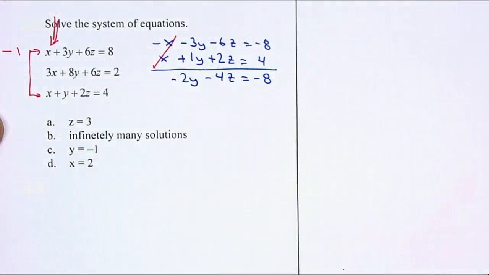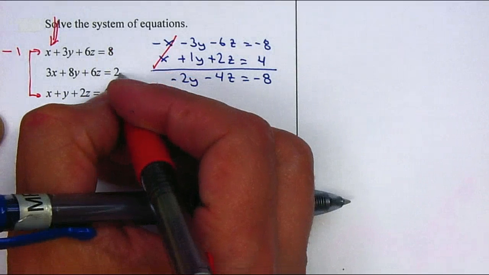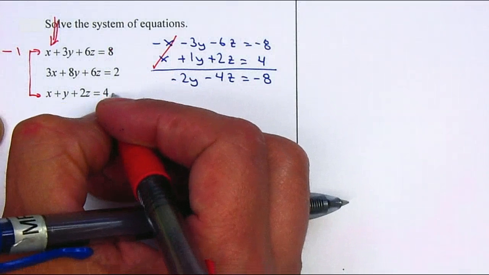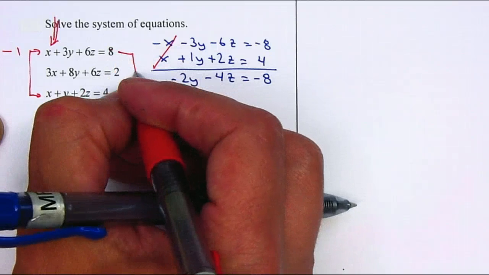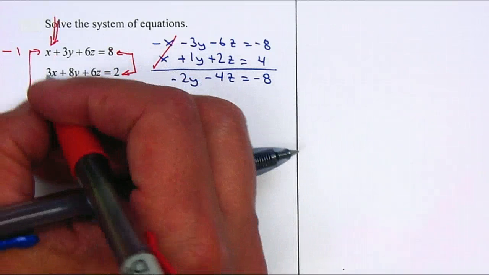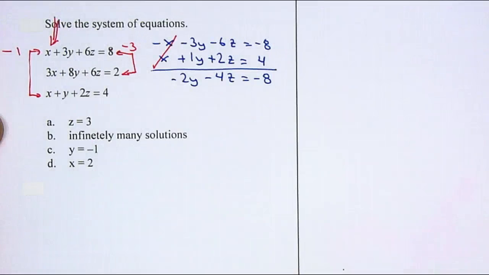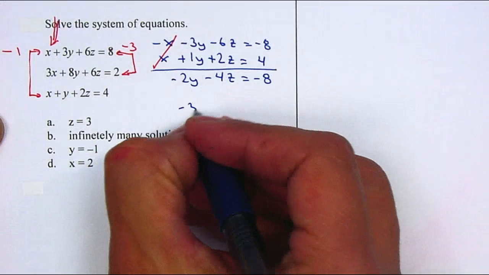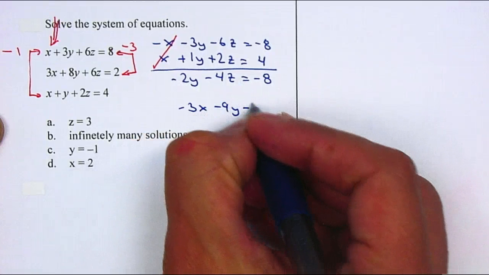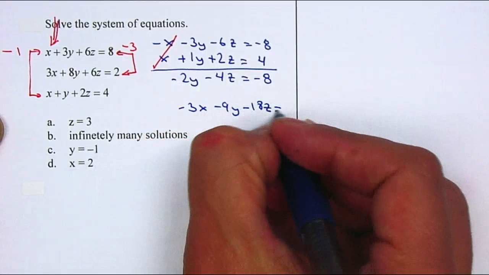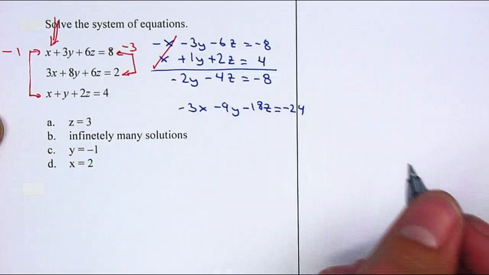Now, I want to cancel the x's once again. You have a choice. You can grab the first one and the second one, or the second one and the third one. So I'm going to grab the first one and the second one, and I want to cancel the x's once again. So I'll multiply the top equation by -3. That gives me a -3x minus 9y minus 18z is equal to -24.